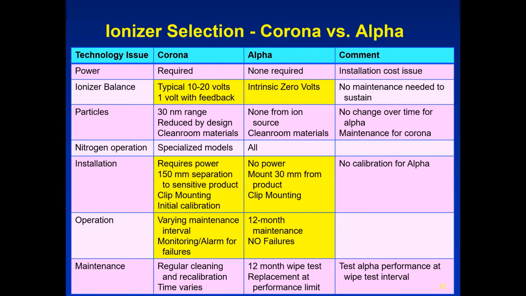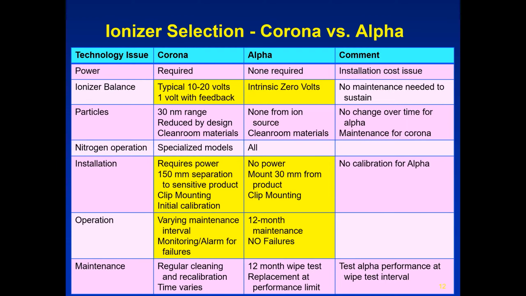In operation, corona ionizers will have a varying maintenance interval. They will typically have monitoring and alarm to make sure that they're kept in balance, to make sure that you know if there's a failure. These are all operating options that you have. On the other hand, alpha ionizers, there's a 12-month maintenance schedule. You just have to check them at 12 months.